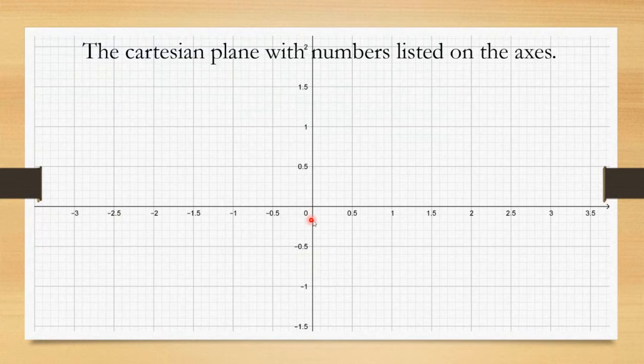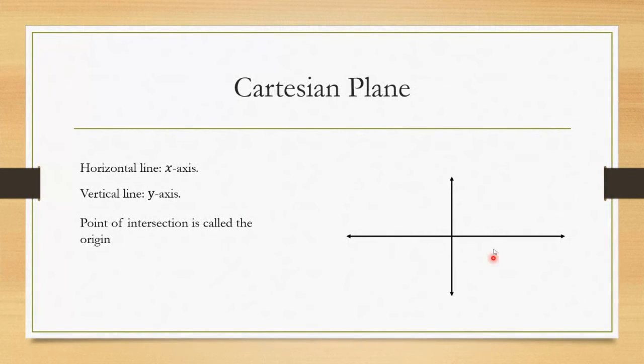And again, 0 here is 0 for both number lines. And this is, again, the Cartesian plane. Now, this is a visual representation of ordered pairs of real numbers. I figured it'd be good to put this picture in just to help illustrate.